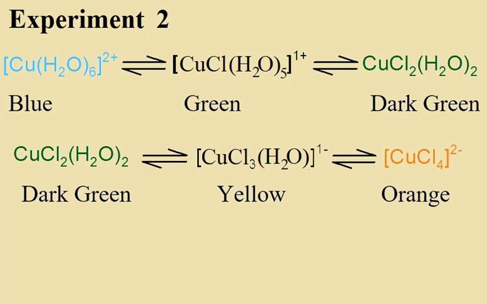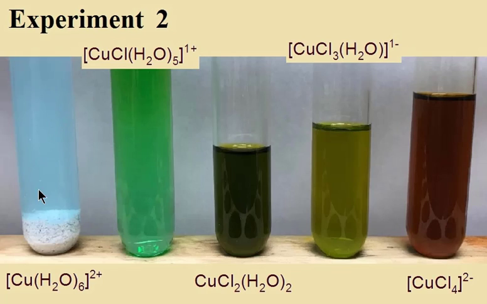So we have got different chemicals which will create different colours. Now experimentally the colours look a little bit like this. The blue for the hexahydrate complex here, the light green for the chloride pentahydrate, this dark green for the dichloride dihydrate. It's supposed to be yellow for the trichloride hydrate.